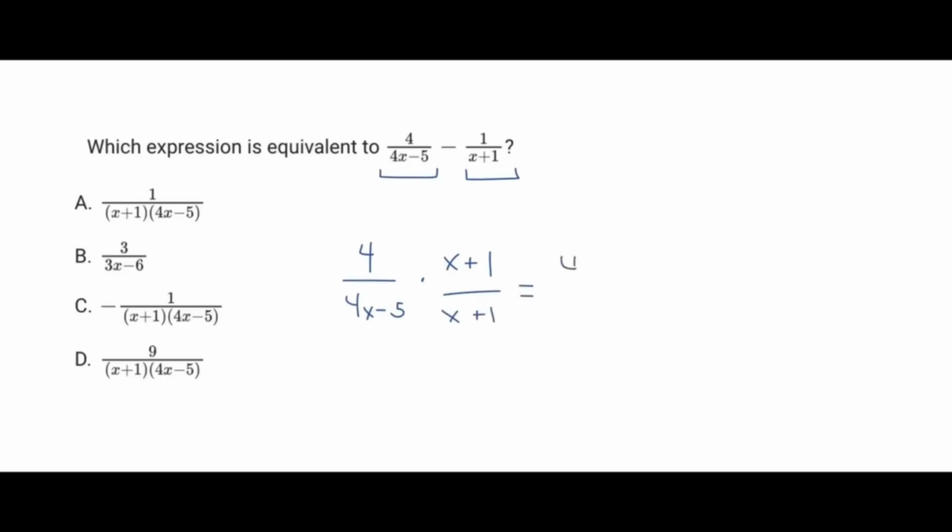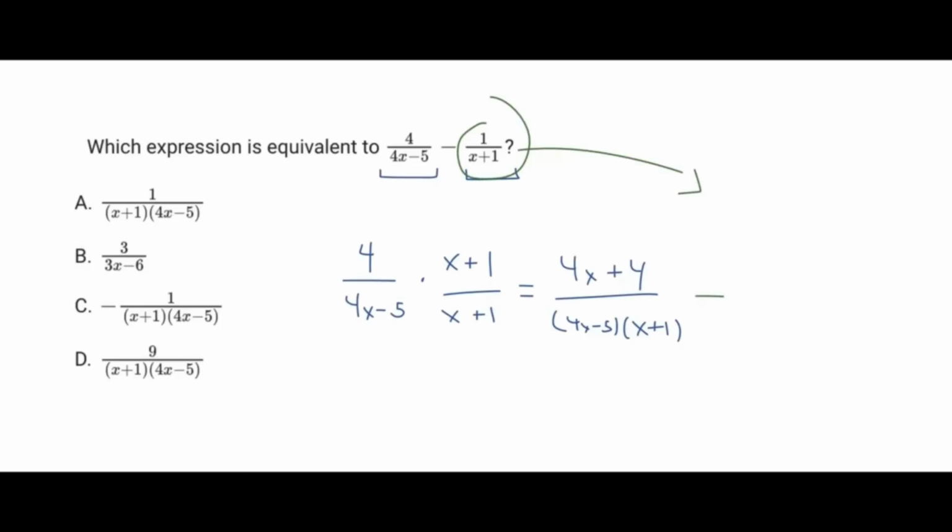And so here we'll get 4x plus 4 over 4x minus 5 times x plus 1. And so now we'll just want to do the same thing to the other side. So here we're going to have this term right here, 1 over x plus 1. We're going to be multiplying this by 4x minus 5 over 4x minus 5.